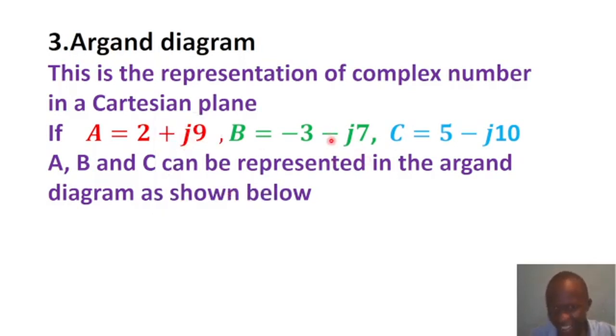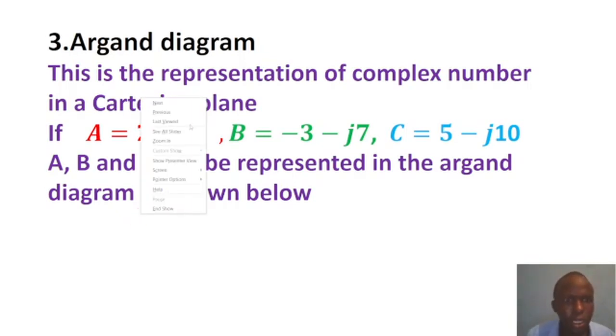In complex numbers, especially when we are using j, the j comes just before the number, so you don't need to be confused by that. So if a is that, or that, a, b, and c can be represented in the Argand diagram as shown.